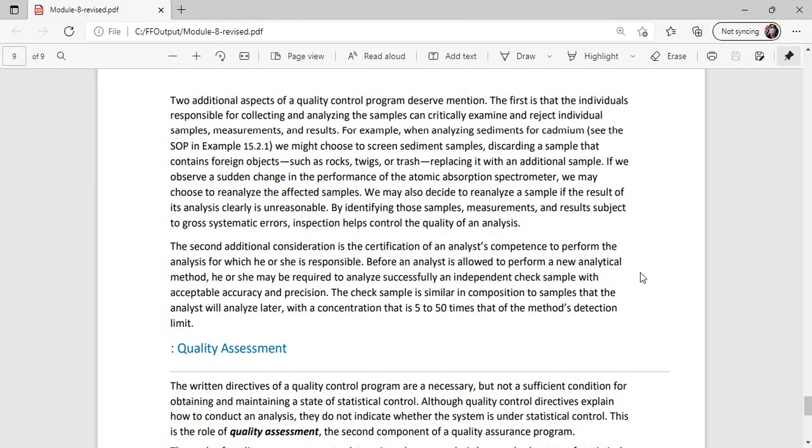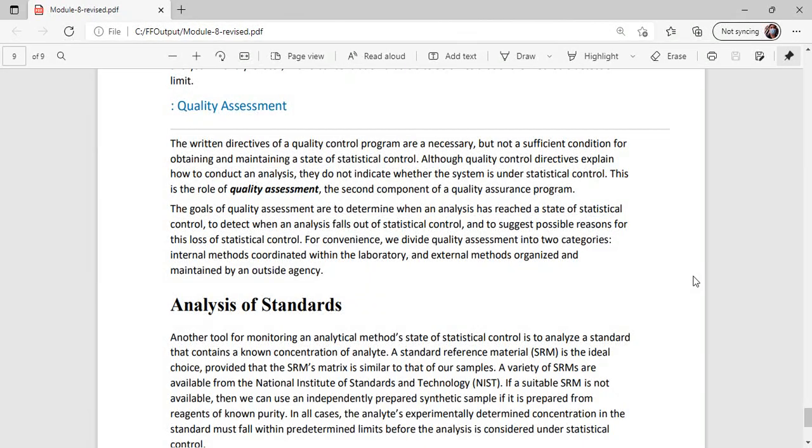Now, for your quality assessment, okay, the written directives for your quality control program are necessary but not sufficient conditions for obtaining and maintaining a state of statistical control. Although your quality control directives explain how to conduct an analysis, they do not indicate whether the analysis is under statistical control.